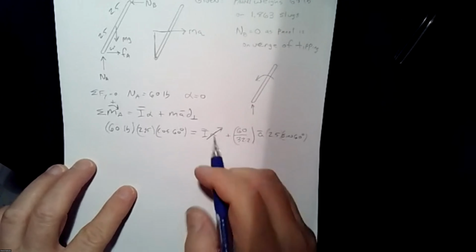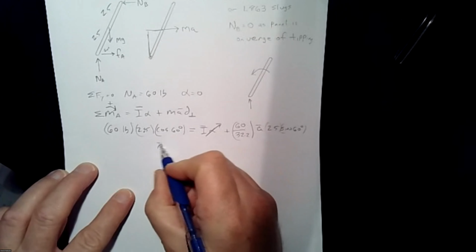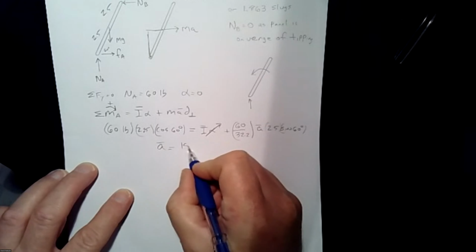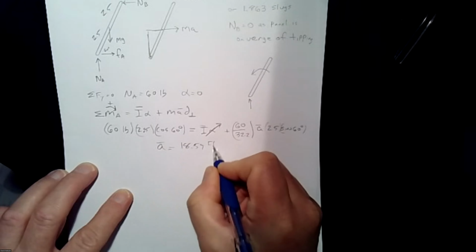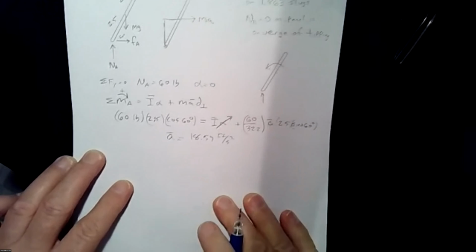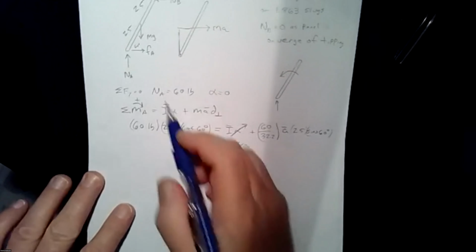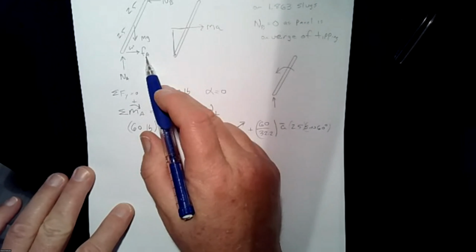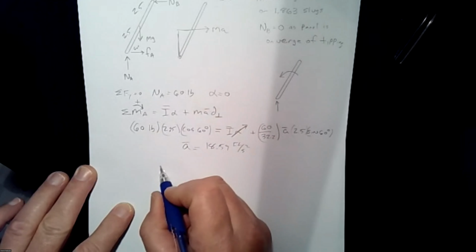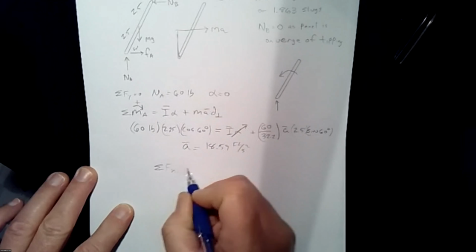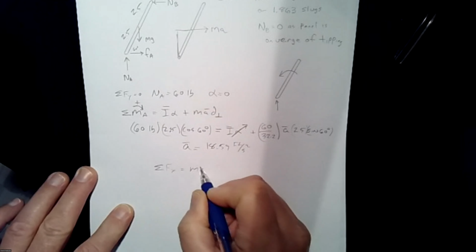Okay, so we solve for acceleration and we get 18.59 feet per second squared. The second part is, what is the friction coefficient? That's pretty easy because we just say sum of the forces in x equals ma.